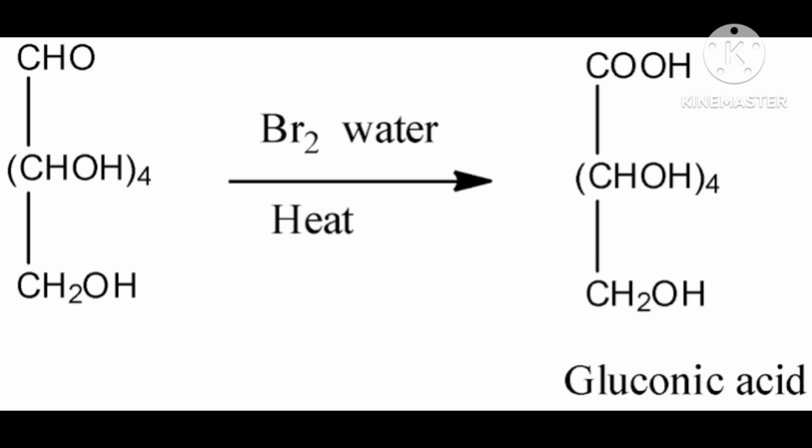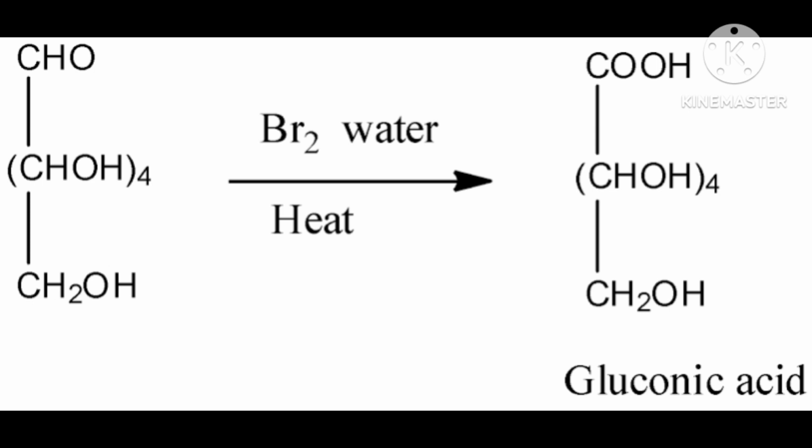The OH arrangement I am talking about is the exact spatial arrangement of different OH groups, which was given by Fischer after studying many other properties. Now the third representation is saccharic acid.